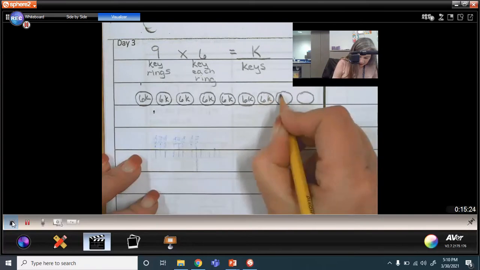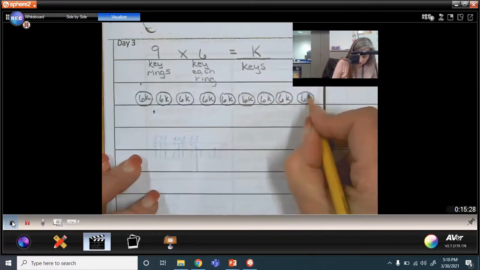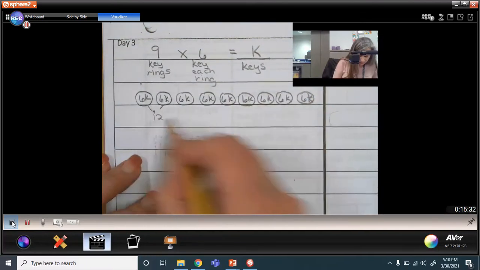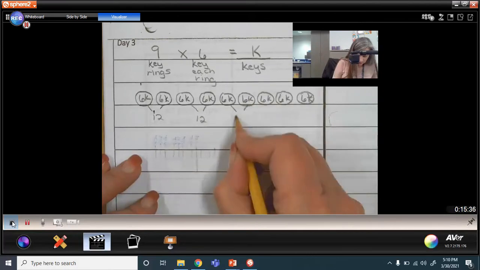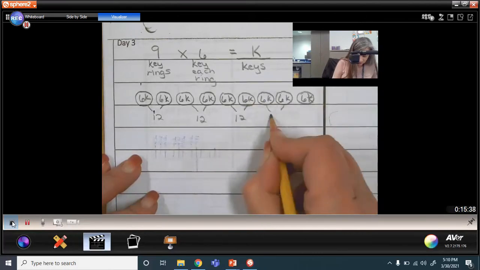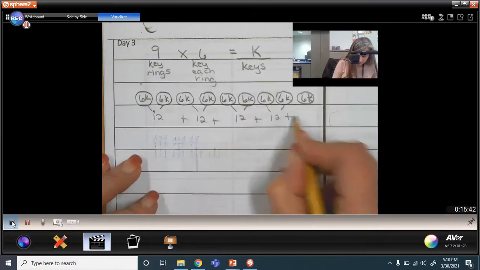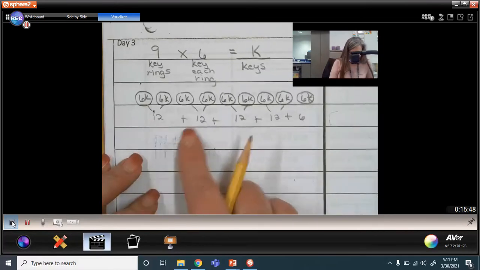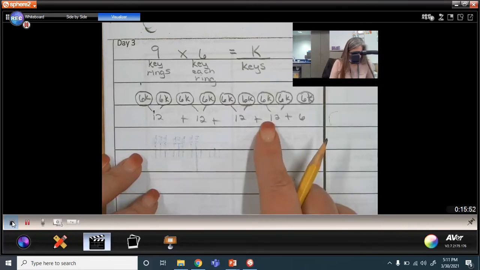Now I can add all of these together. I could add 6 plus 6 is 12, 6 plus 6 is 12, 6 plus 6 is 12, 6 plus 6 is 12. And then I don't have another 6 here, so that's just 1 6 by itself. 10, 20, 30, 40.